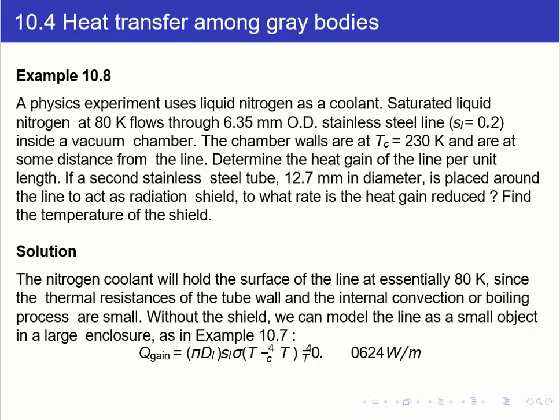The nitrogen coolant will hold the surface of the line at essentially 80 Kelvin, since the thermal resistance of the tube wall and the internal convection or boiling process are small. Without the shield we can model the line as a small object in a large enclosure. That Q gain, that is the energy gain, is equal to pi d1 times S1 sigma (T1 raised to power 4 minus Tc raised to power 4).